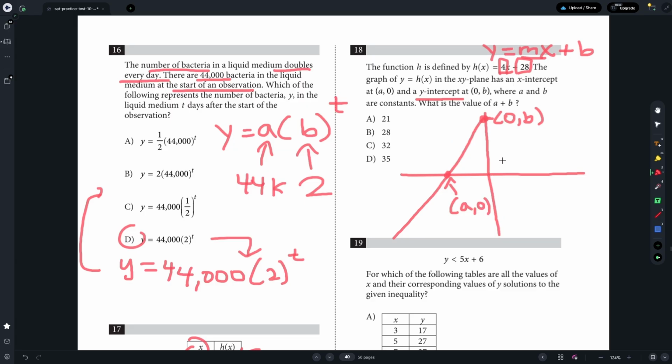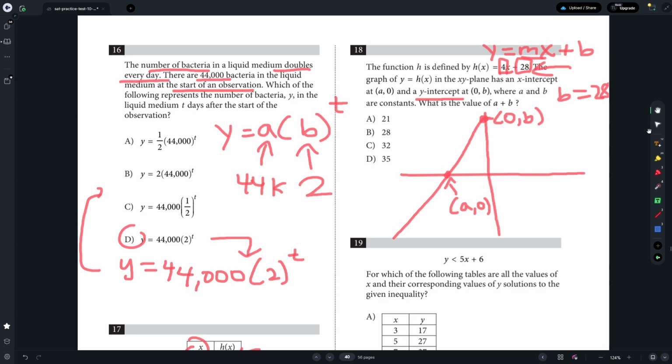So now, how do we find a and b, right? B is actually given to us. The y-intercept is actually given in the equation, right? So we know b is 28. Now, how do we find the a value, right? In order to find the a value, we can simply just plug this into the equation, right?